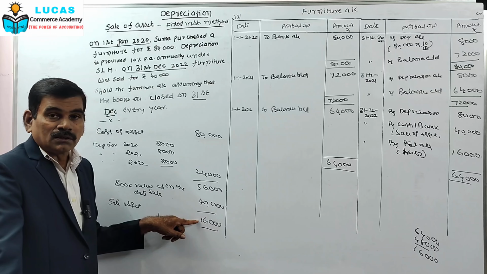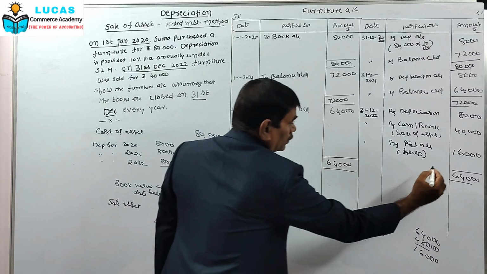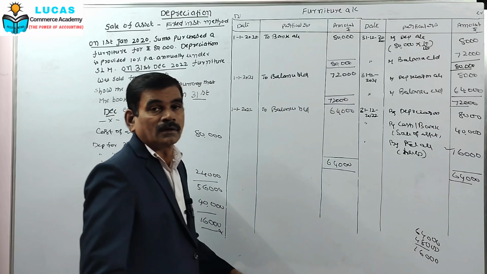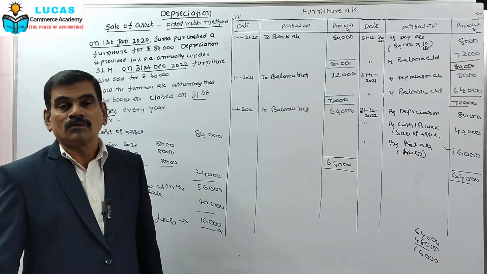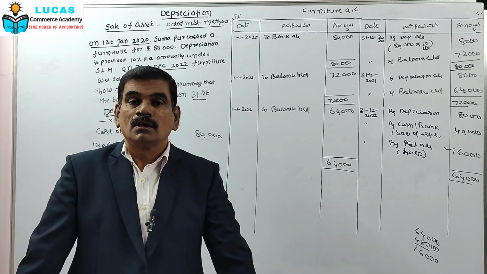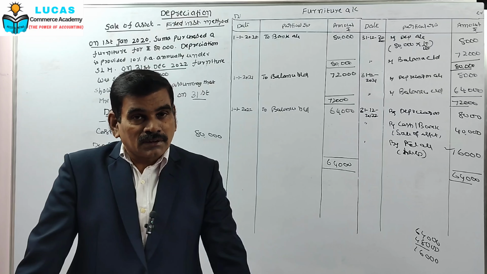So we get a loss of 16,000. So this 16,000 should be equal to this one. Okay. So this is the procedure for doing problems under the fixed installment method in case of sale of asset.